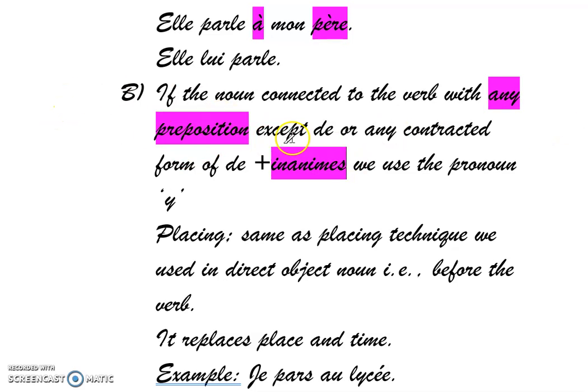But there is an exception to this section. Any preposition except de or any contracted form of de. So anything except de, plus it has to be inanimated. It cannot be animated. Then we use the pronoun y if it is inanimated, which is pronounced as e in French.